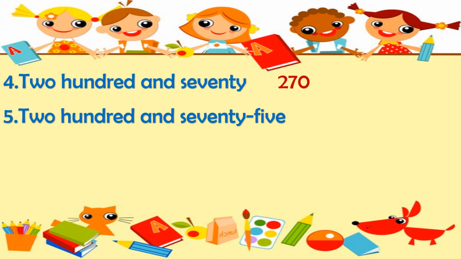Two-hundred-seventy-five. You read these words again as 275. Okay, let me show you the number symbols of 275: 2, 7, and 5.